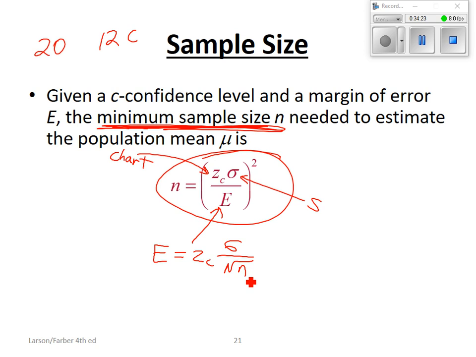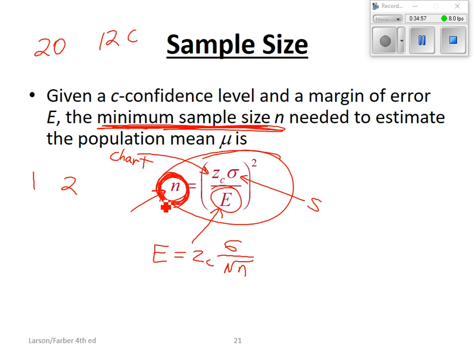When they're asking you to find the minimum sample size, most of the time they're going to tell you the margin of error. A lot of times if we don't know the margin of error, or haven't found it, a lot of these surveys just use 1 or 2 as a margin of error, just to make it easy. That gives them a ballpark of how many items they need in their sample.